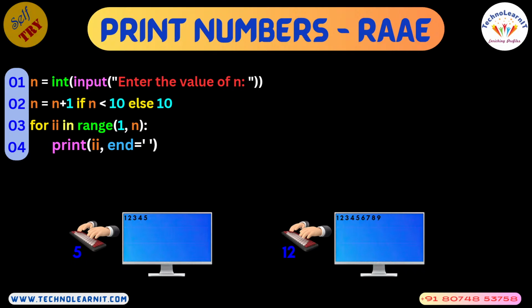Now the condition is false. The range is not going to generate any further numbers. You come out of the loop, and since there are no more statements left in your program, the program terminates.